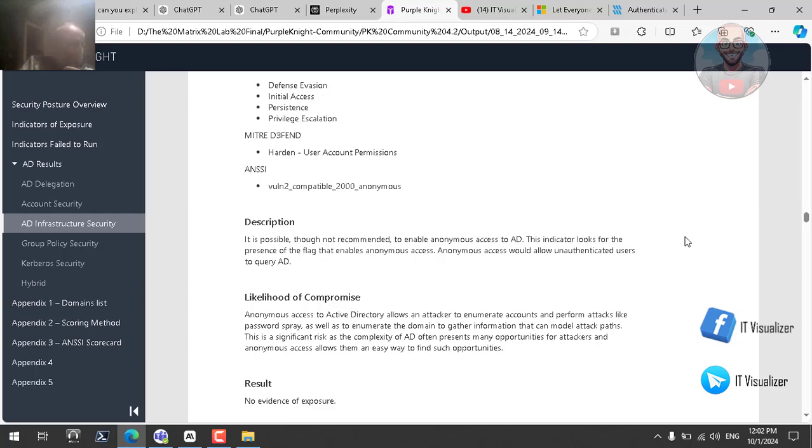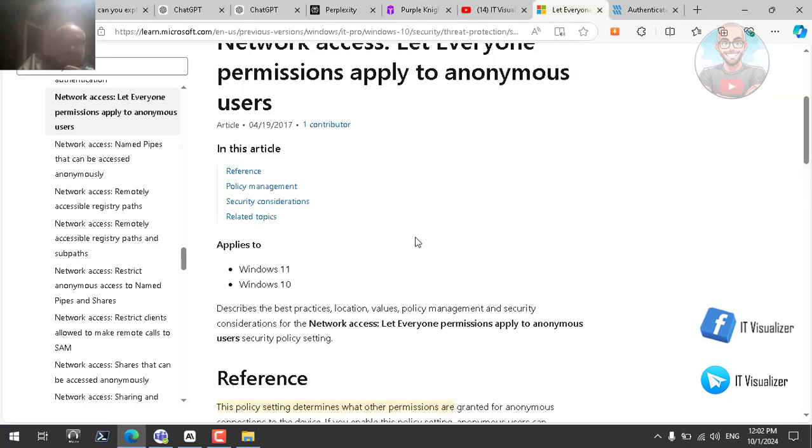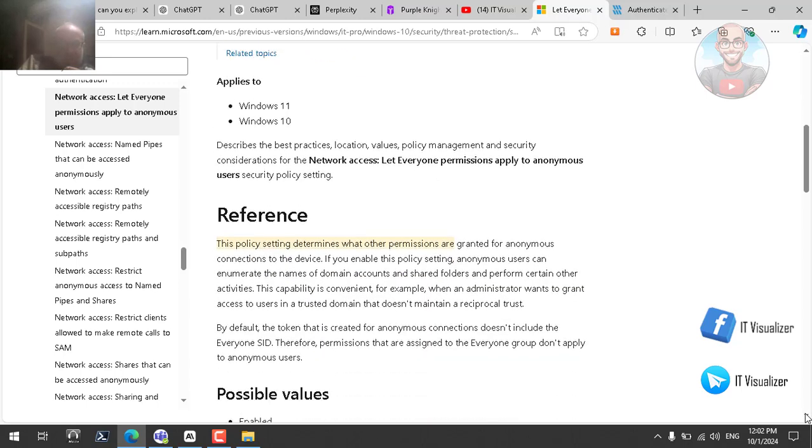Anyway, so we should disable this group policy, and it is disabled by default, by the way. So if you go and see this group policy, this policy setting determines what other permissions are granted for anonymous connections to the device. If you enable this policy setting, anonymous users can enumerate the names of the domain accounts and shared folders and perform certain other activities.